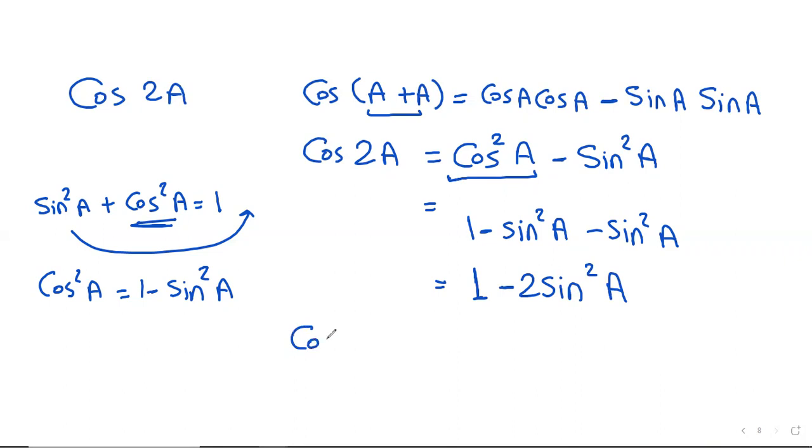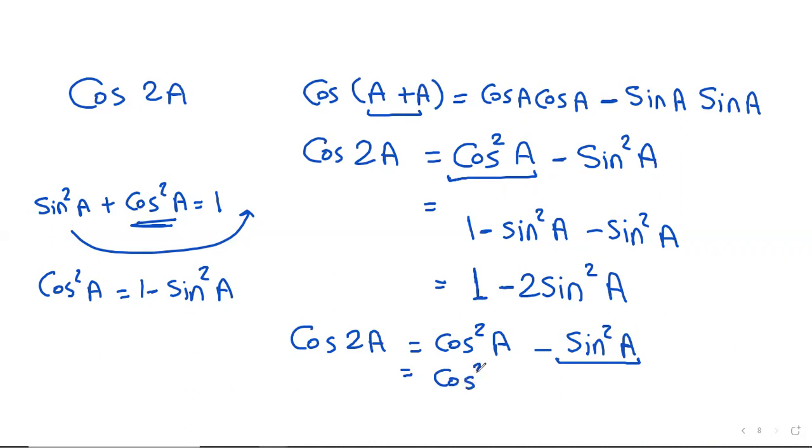And also we can write the rule again, cosine 2A, which is equal to cosine squared A minus sine squared A. And we are going to substitute sine squared A. Sine squared A is equal to 1 minus cosine squared A from this rule here. So that is equal to cosine squared A minus, and write instead of sine squared A, 1 minus cosine squared A. Then expand, multiply this negative by all terms inside the brackets.